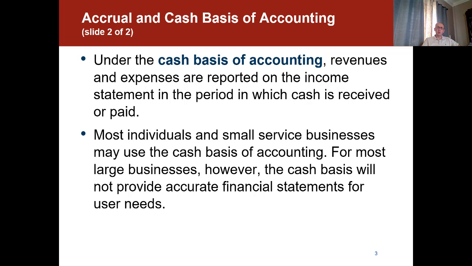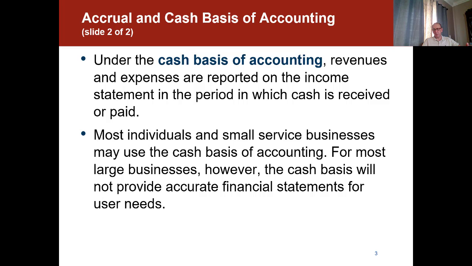On the other side, if we look at the cash basis, under the cash basis of accounting, revenues or expenses are reported on the income statement in the period in which cash is received or paid. In other words, our income, or our revenue, if I can call it that, is actually tied to the cash received. If I receive the cash, then I have a revenue, I have an income.